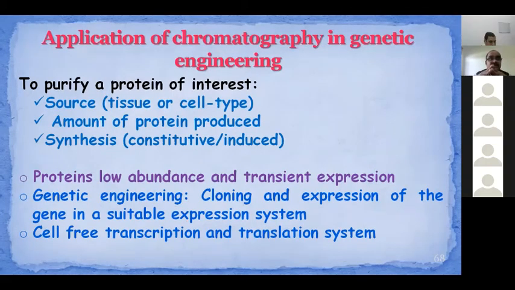That is why a better alternative to this problem is to clone the gene of interest for the protein and to express the protein in a suitable expression vector. This is the most valuable application of genetic engineering, that is synthesis of large quantities of natural or modified proteins in a host cell such as bacteria or yeast.